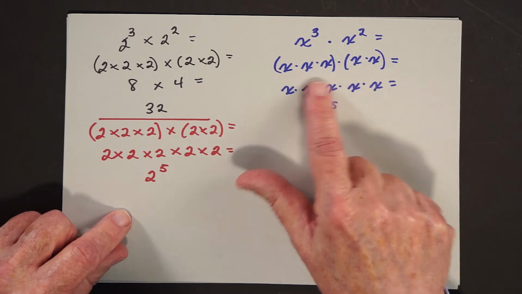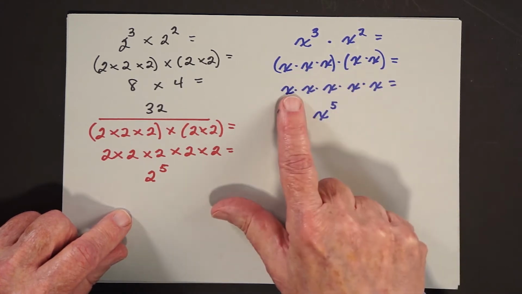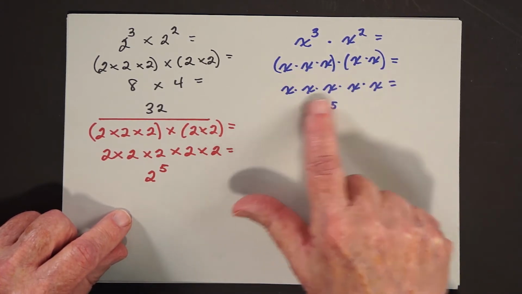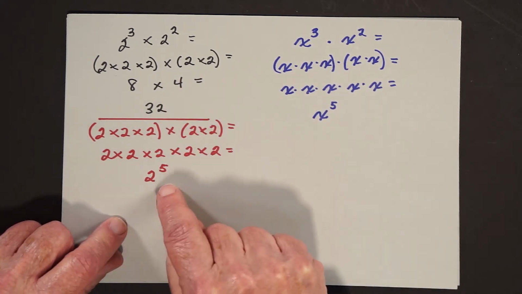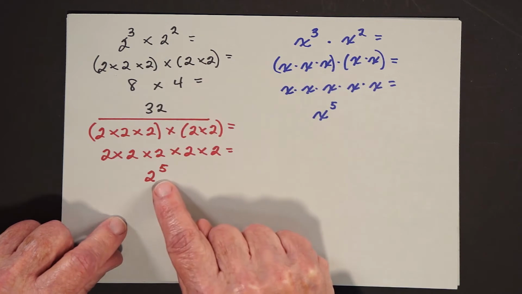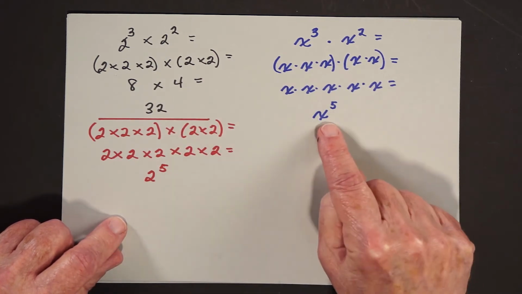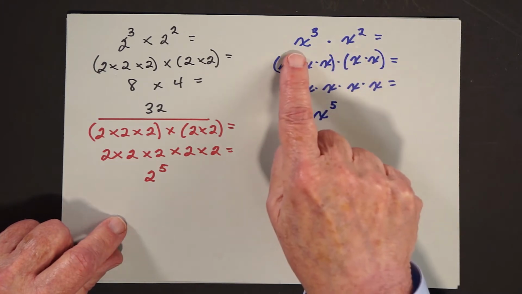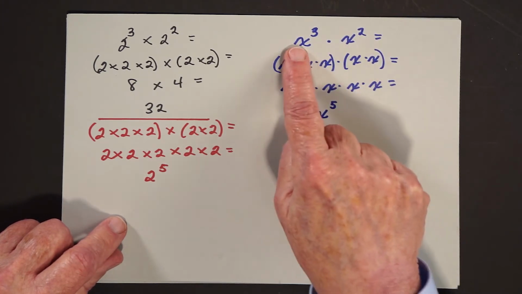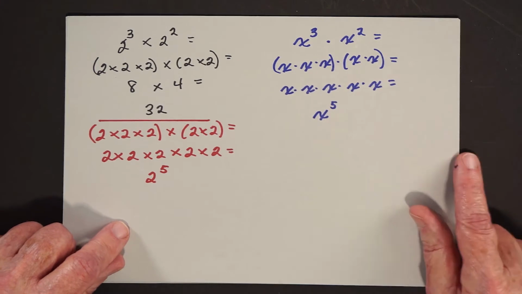By the associative property, I can group all these 5 together. So I have a product of 5 factors of x, and that's x to the 5th power. You see, here I had a choice between writing 32 and writing 2 to the 5th power. Here, I had to know how do you combine 2 exponents when you're multiplying 2 numbers where the bases are the same, but the exponent is different.